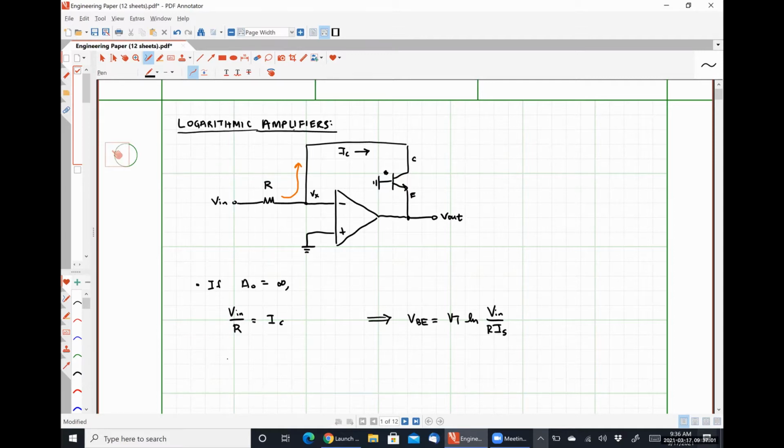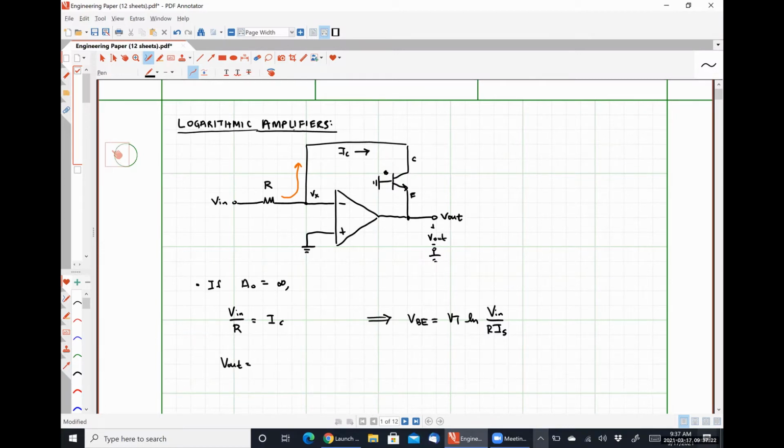Our output voltage. So we can see that the positive polarity output voltage would be like this. It's a nodal voltage, so the positive polarity is on the terminal labeled V out.